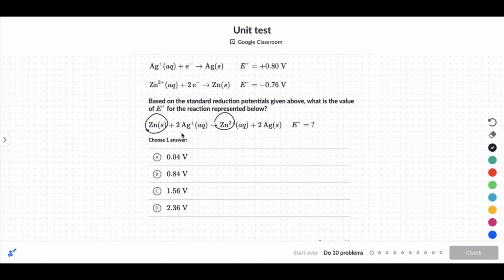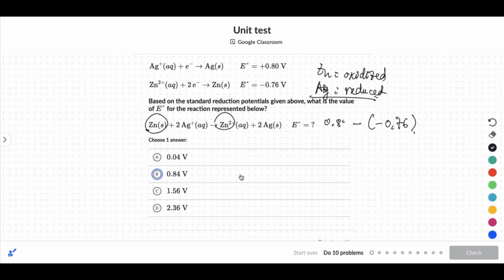However, silver was reduced, so we have to invert the zinc value. The value of E would be firstly the reduction potential for silver, which is 0.8, and now we have to subtract the reduction potential for the oxidized zinc, so we minus 0.76.